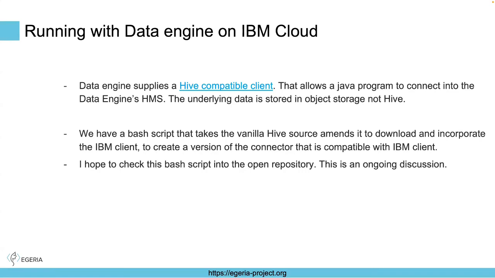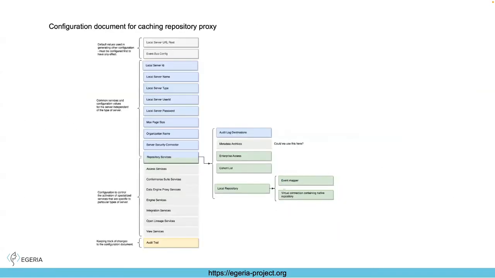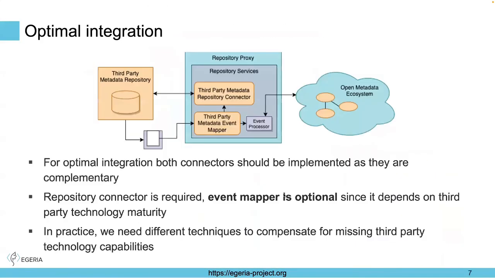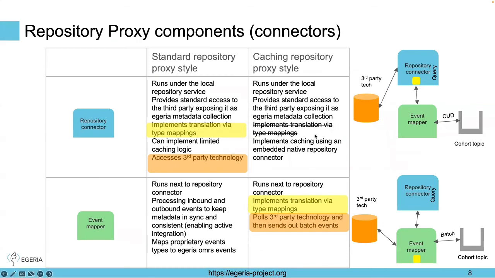We'll see on that. Just before we go to the last slide, now that we've been through the two different styles of connector, I just wanted to contrast them. If you have a look at what we just talked about, you can see that the event mapper is doing the mapping for the caching one, talking to the third-party technology, and sending the batch event through to the cohort.